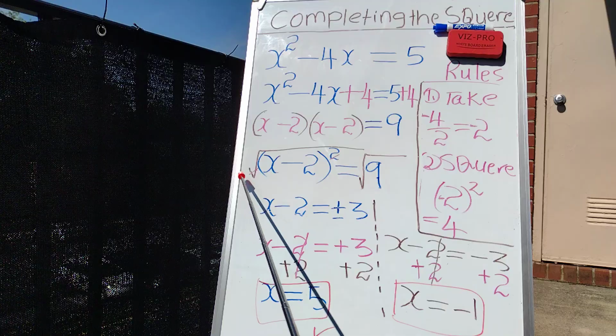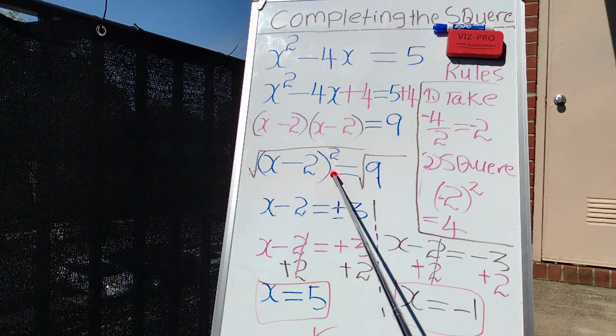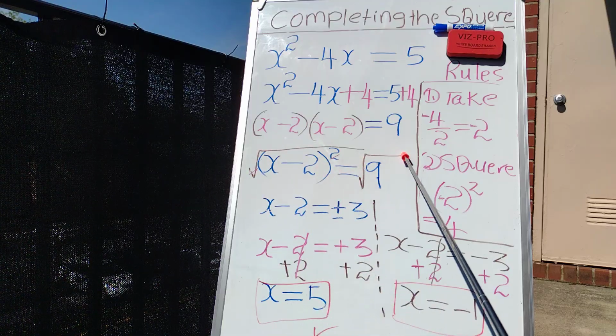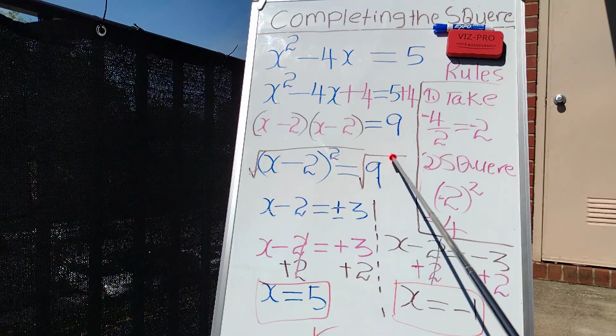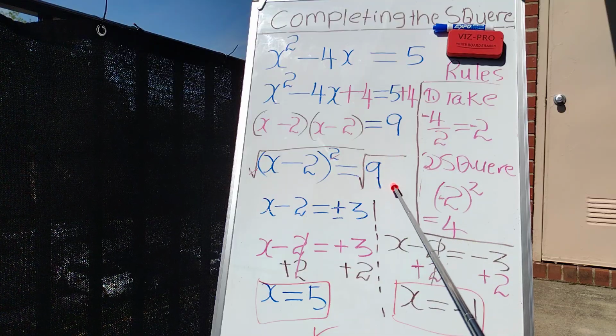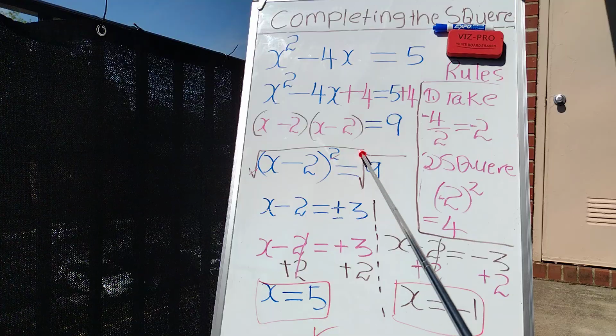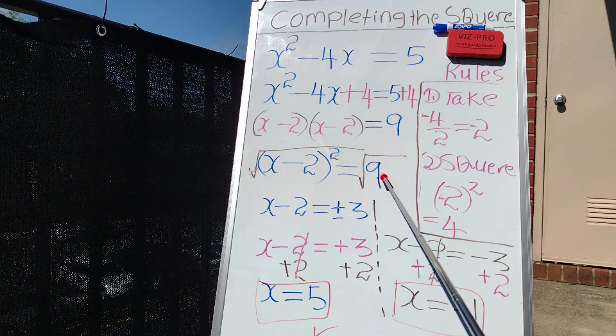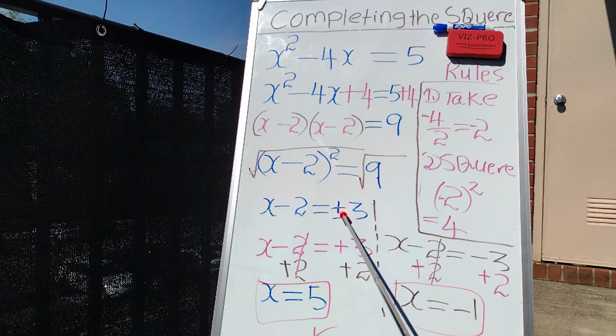And then we are going to take the square root of both sides. If you do that, you have to be very careful. This is a perfect square, and if you take the square root of 9, it's going to give you plus or minus 3.